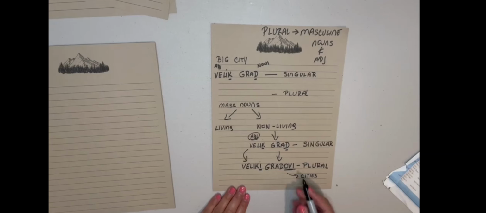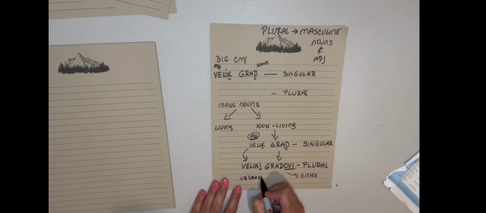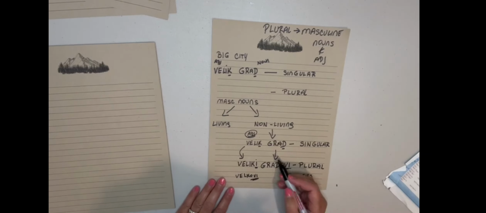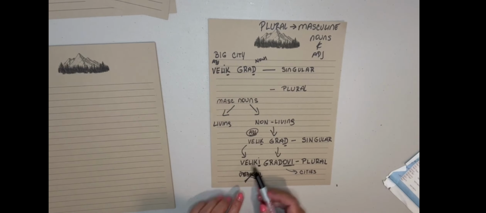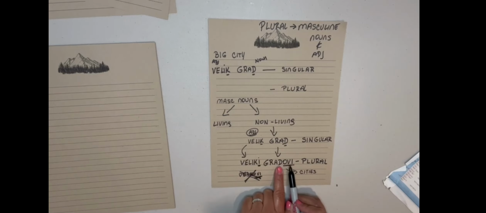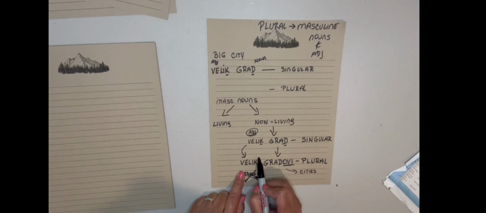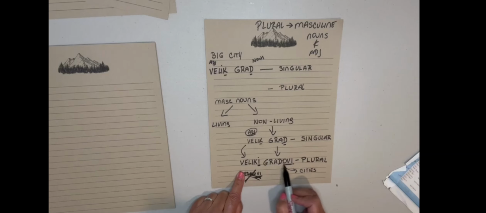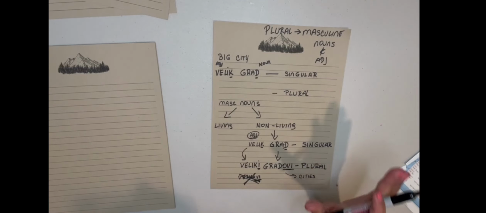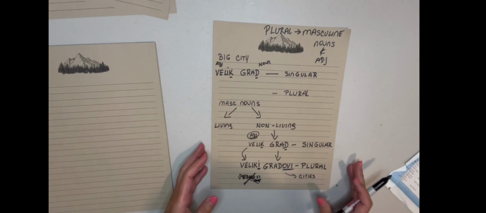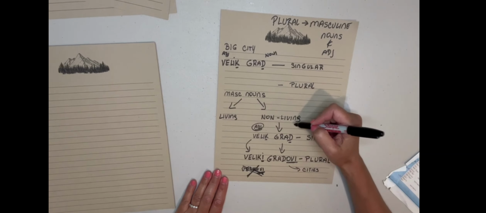So what I thought was, oh, wouldn't this be velikovi? Like I thought, oh, velikovi gradovi, and that's not it. So this is the correct way. So this is big cities, big cities. So the plural of this adjective, you simply add an I, and for the noun, you add ov. The more you practice, I promise this will get easier. I promise. All right. So this is a non-living noun.